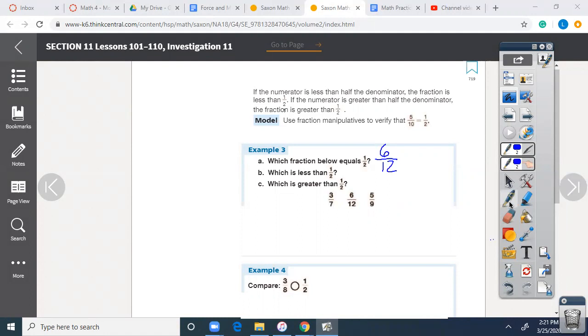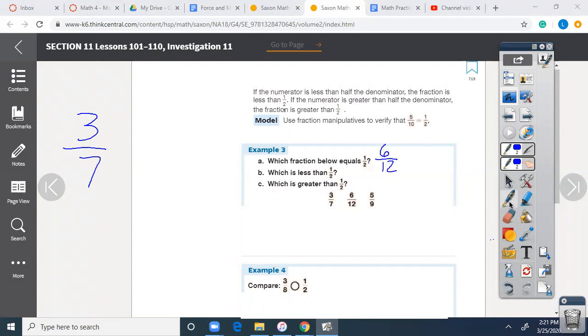So now we're going to talk about how we figure out if it's less than 1/2 or greater than 1/2. This is a little tricky. You can draw a picture if you want, 3/7, and you can figure out if it looks like it's less than 1/2 or greater than 1/2. But with numbers that are really close to 1/2, like 3/7, it's hard to see in a picture.